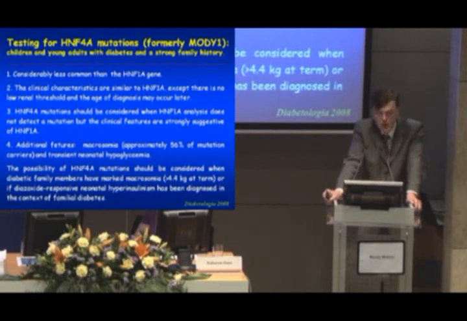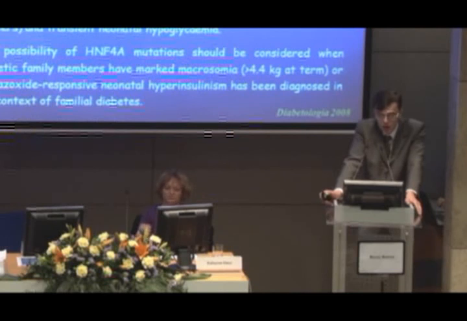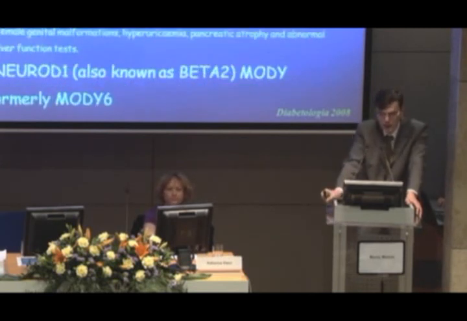Additional features include, as it was said, macrosomia and transient neonatal hypoglycemia. The possibility of HNF4 alpha mutations should be considered when diabetic family members have marked macrosomia, or if diazoxide-responsive neonatal hyperinsulinism has been diagnosed in the context of familial diabetes.